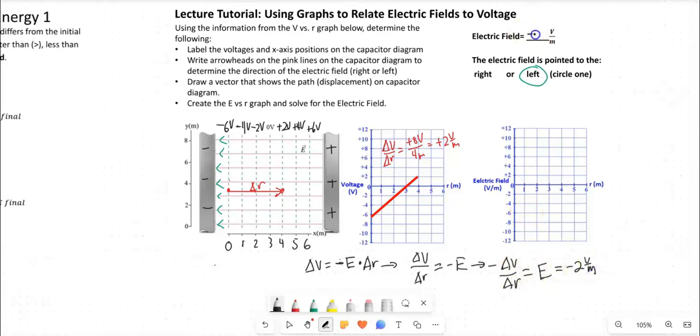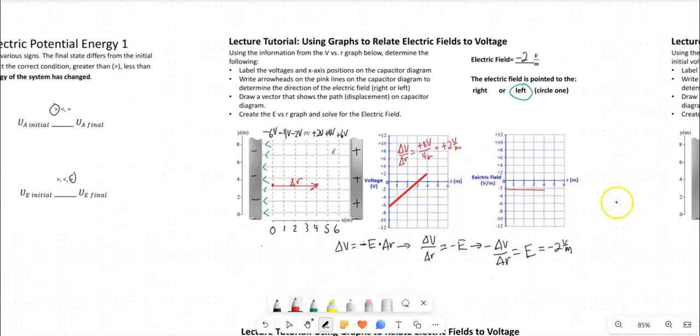Okay? So negative 2. What that's saying is the electric field is a constant electric field. This is kind of like the first one or two problems on your first page.